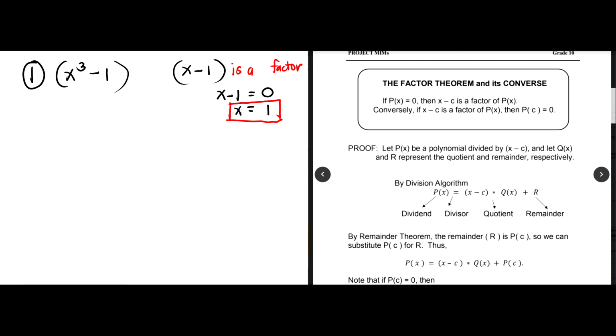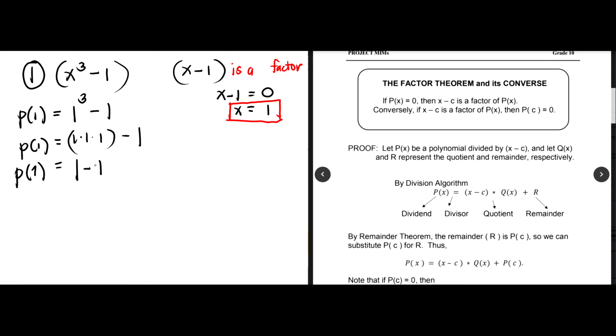Use the remainder theorem. This 1, you substitute for x. So p of 1 is equal to 1 cubed minus 1, which is 1 times 1 times 1 minus 1. I expanded it just so others can see, but you can solve it yourself. 1 times 1 times 1 is 1, minus 1, the answer is 0.